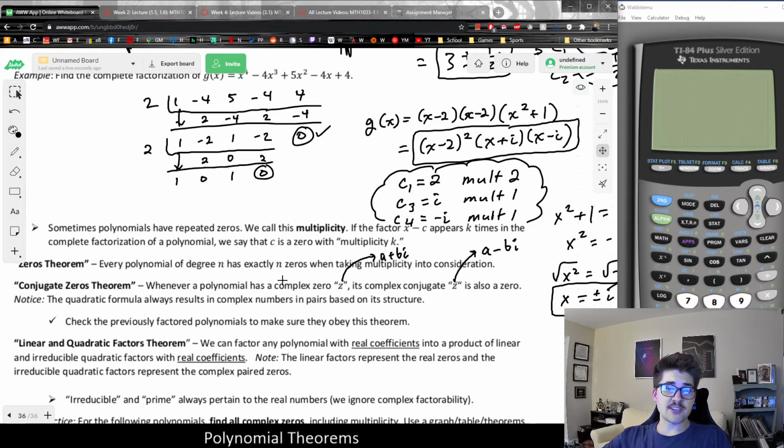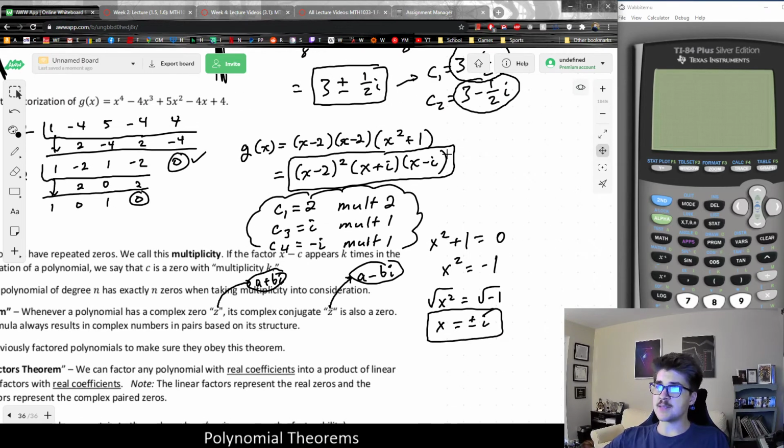But what the conjugate zeros theorem says is if one of them is a zero, its complex conjugate must also be. And if we go back and look at it, notice that in this polynomial, the two complex zeros were plus and minus i. Those are conjugates of one another.